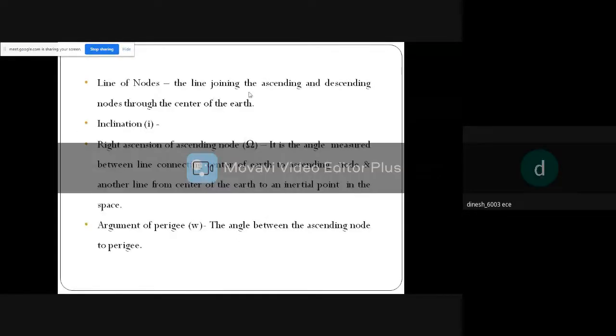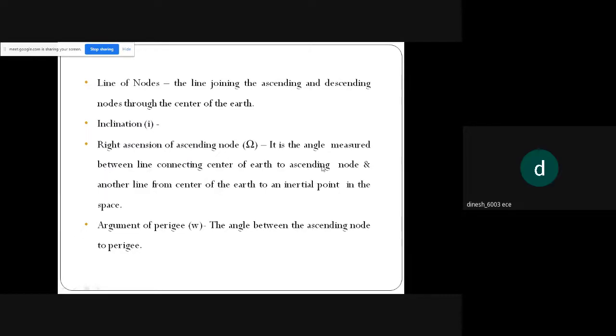Then the right ascension of the ascending node. This is the angle measured between the line connecting the center of the Earth to the ascending node and another line from the center of the Earth to an inertial point in space.